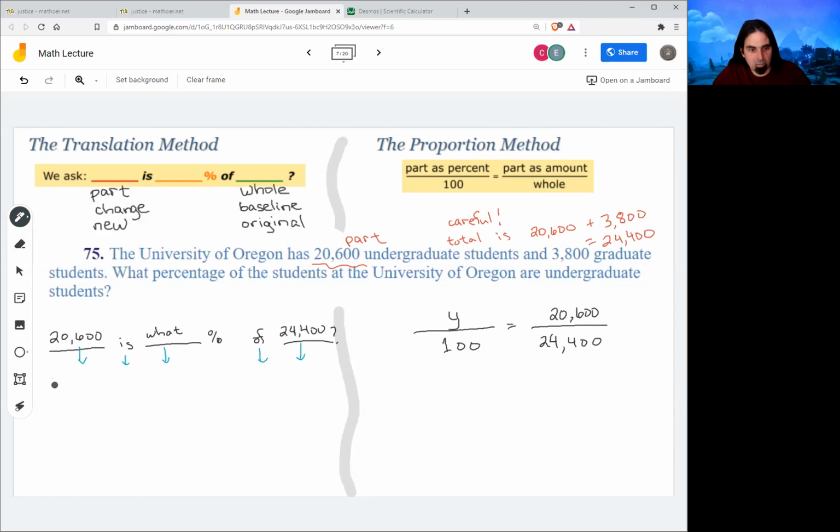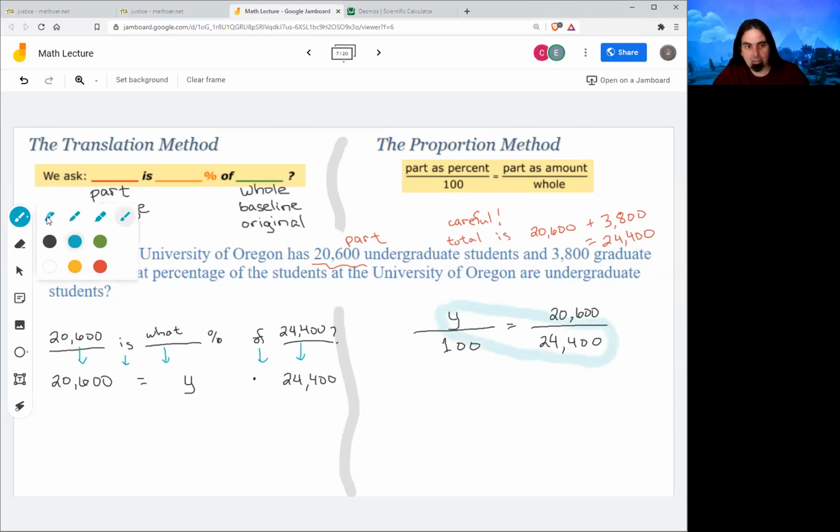So if you're a translate person, you have that. If you're a cross multiply person, you have that.